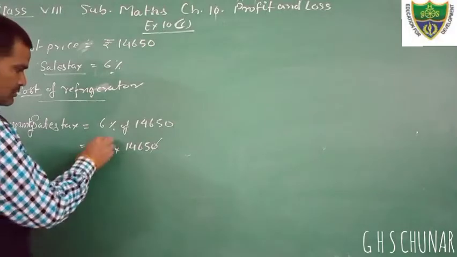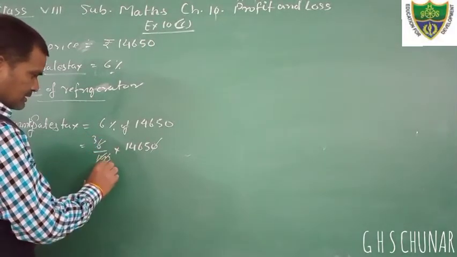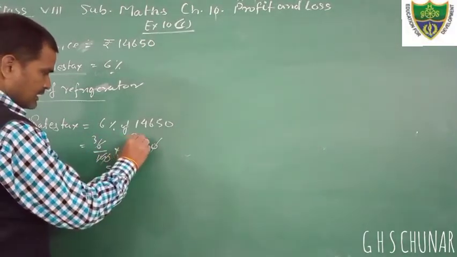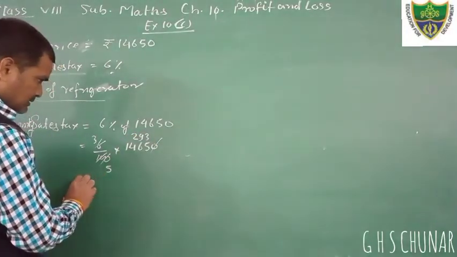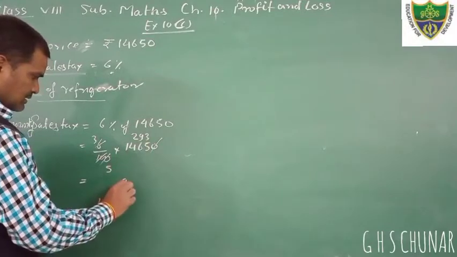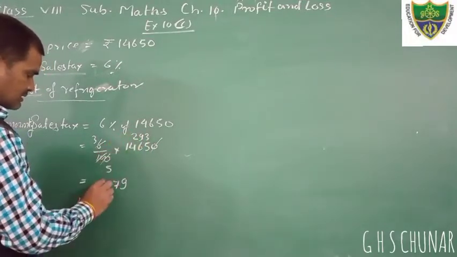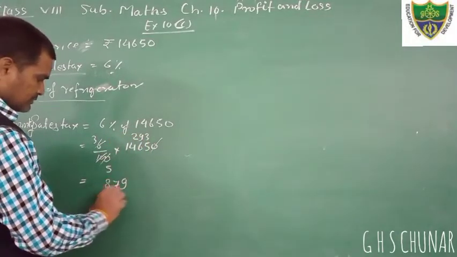Now 2 3 are 6, 2 5 are 10, 5 2 are 10, 5 9 are 55, 5 3 are 50. This is equal to 879.